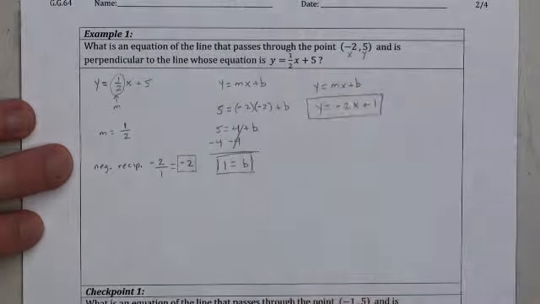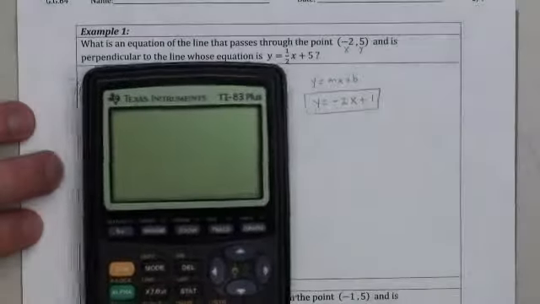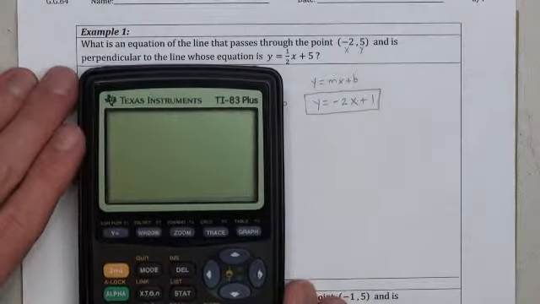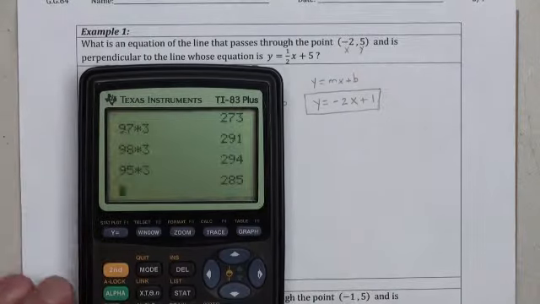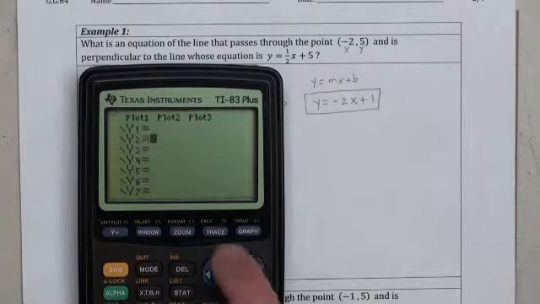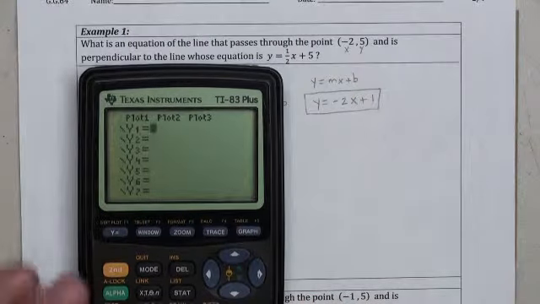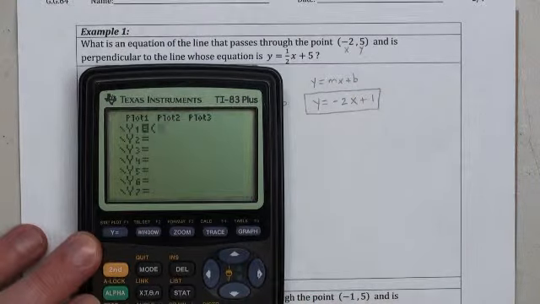Okay? Now, we're going to use the calculator to check to make sure that those lines look perpendicular. Okay, so I turn it on, I clear it, I go to y equals, I'm going to clear my equations. I'm going to first put in the original one, which is 1/2 x plus 5, but I'm putting the 1/2 in parentheses.